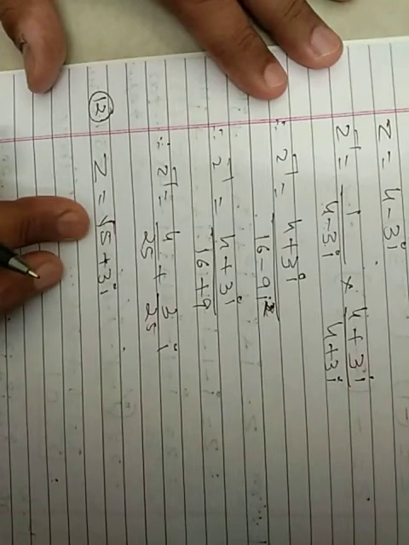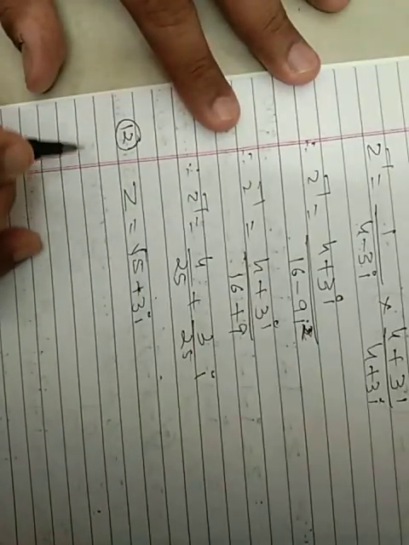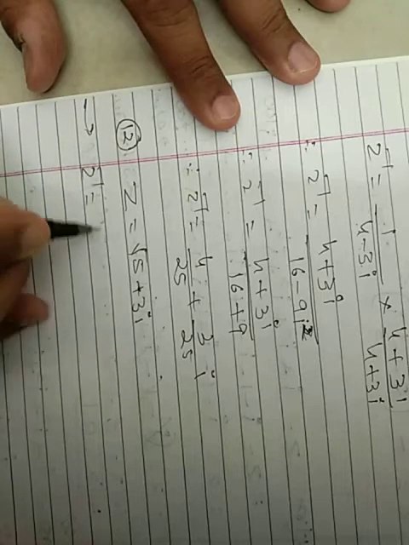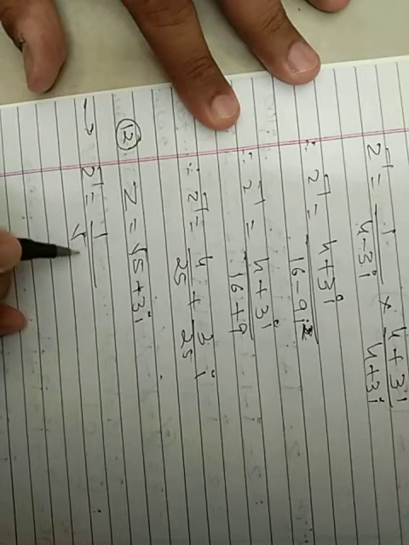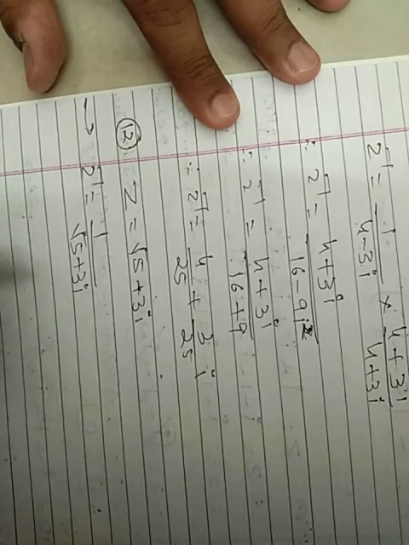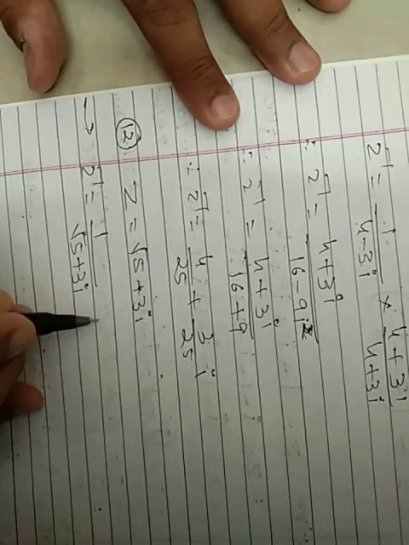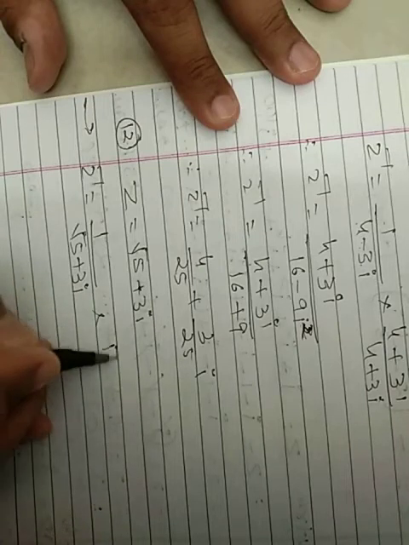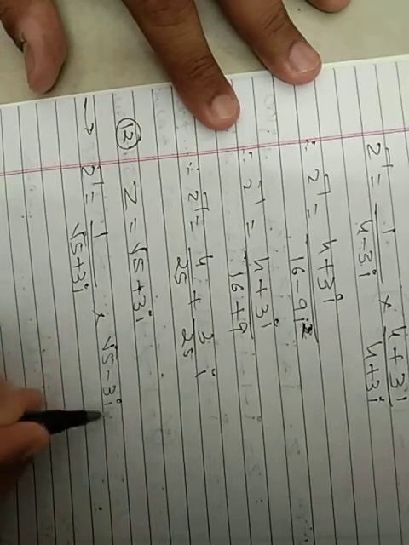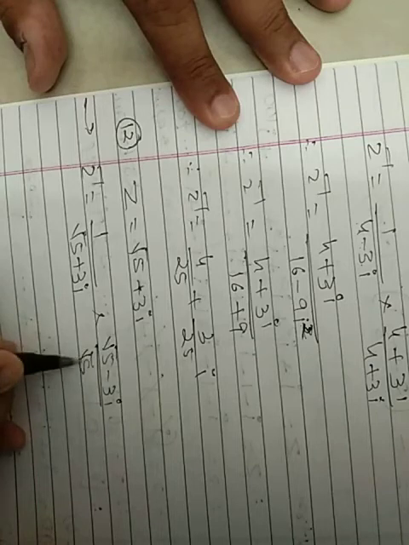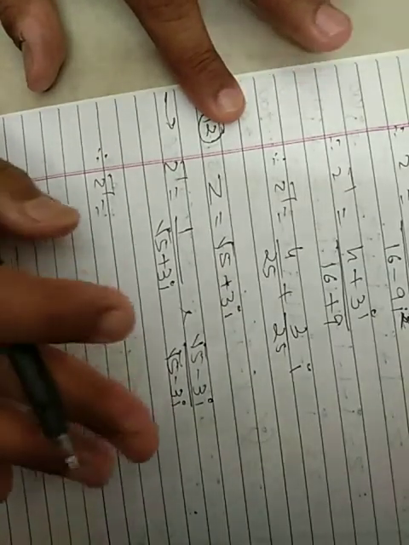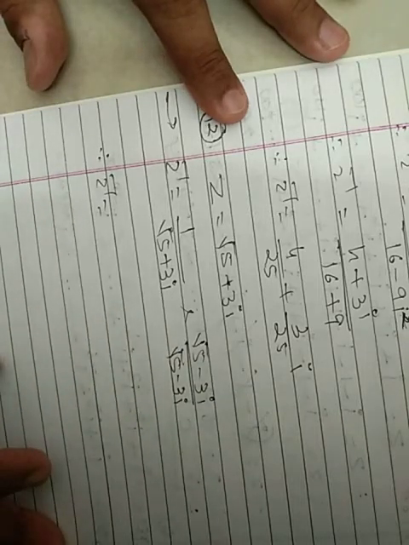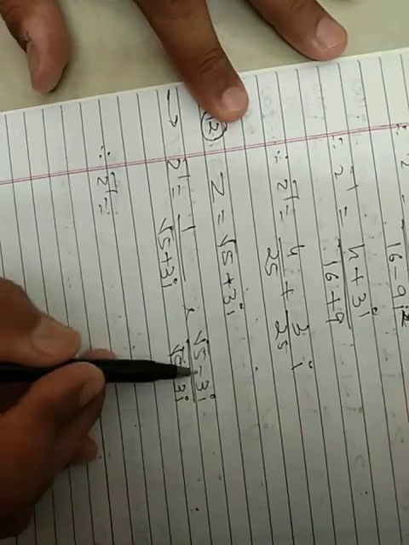Now number 12. Multiplicative inverse of this one. Very simple. Again Z inverse equal to 1 upon (root 5 plus 3i). Okay, take the conjugate: root 5 minus 3i upon root 5 minus 3i. Multiplicative inverse means reciprocal. Multiply with this.